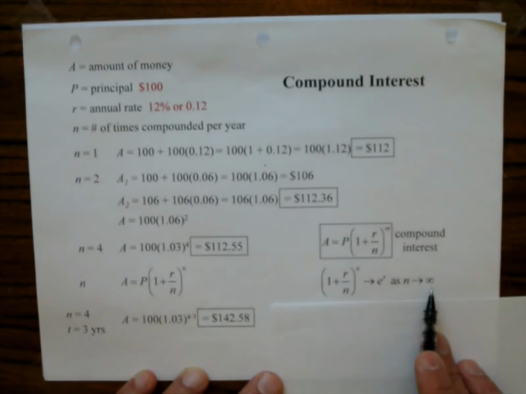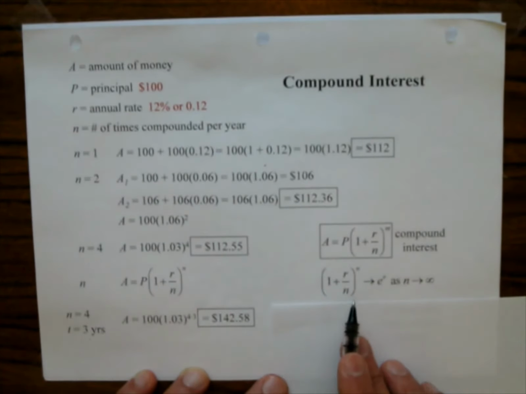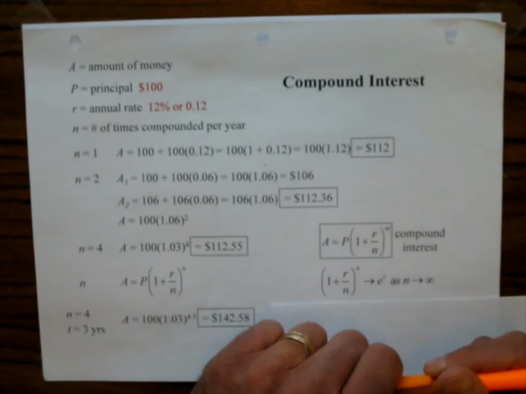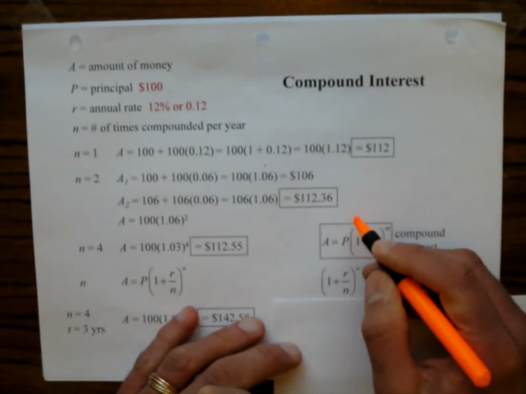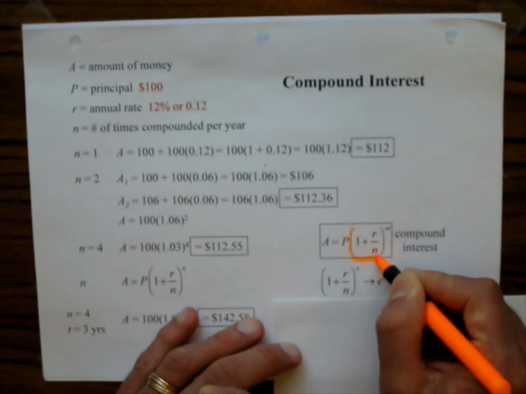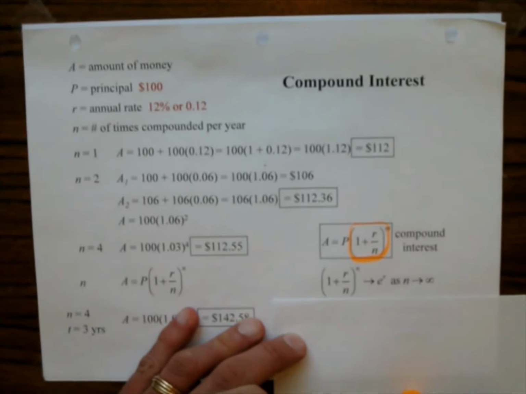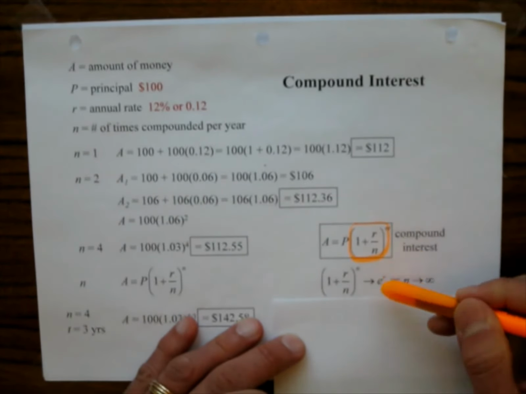And when you hit calculus, you're going to be doing something called limits, and that's kind of what we're looking at here. So this part right here, let me circle it in orange. That part right there, if n gets really, really big, that orange part, not including the t, goes to e to the r.